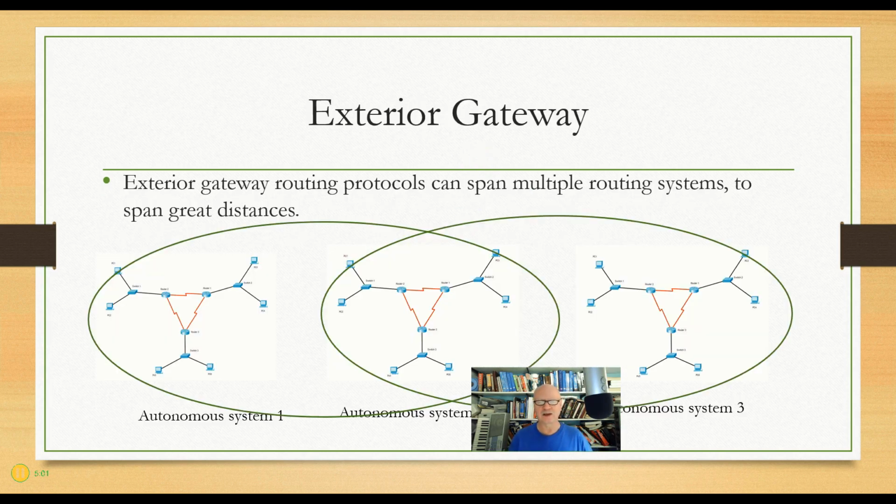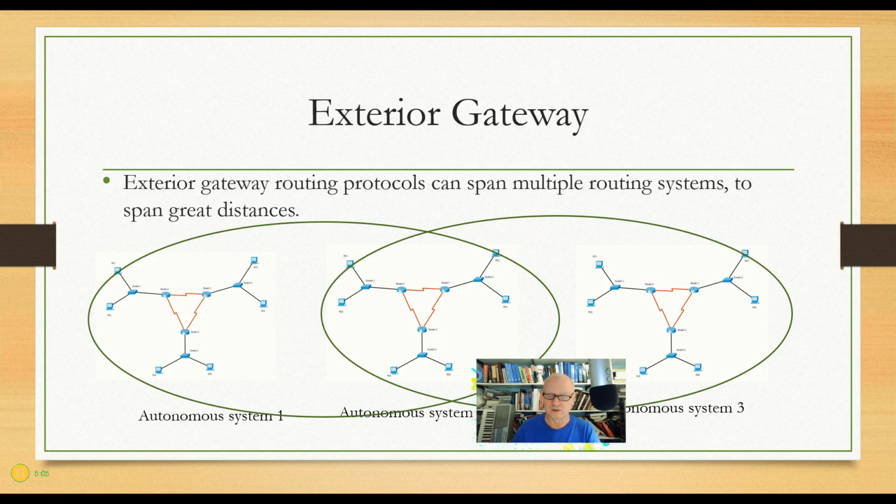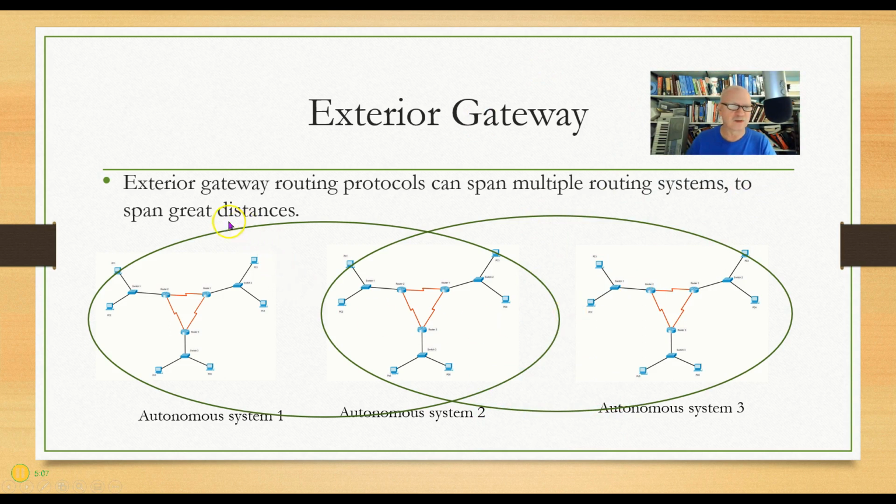Now, exterior gateway protocols, there are more than one, but we're only going to look at one here in this case. Let me move my picture again there. In this case, what we're talking about are these protocols that can span more than one autonomous system of these routers.